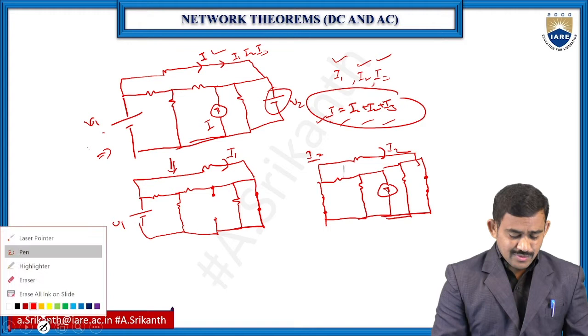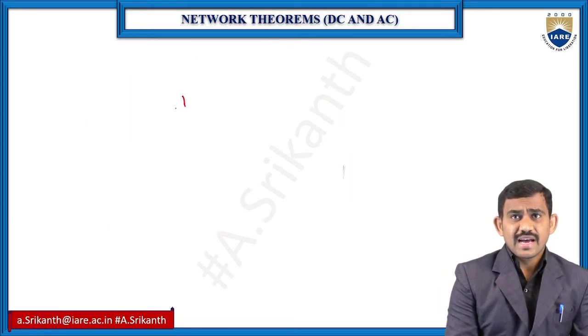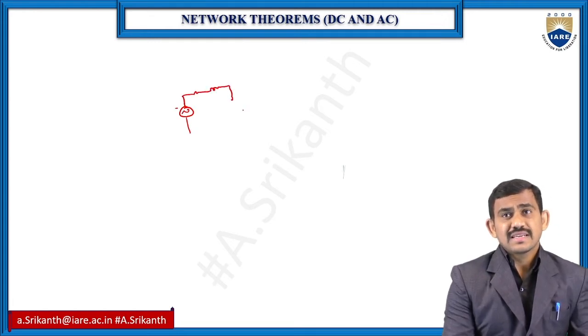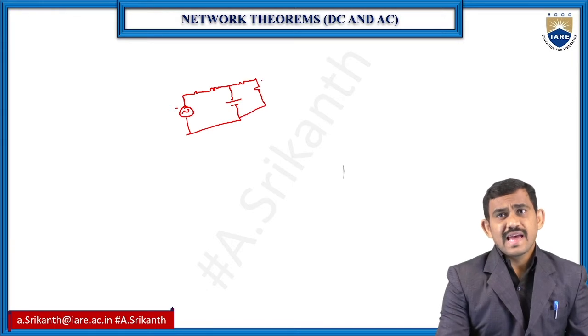Coming to the AC circuit for the superposition theorem, it is the same, but there we have AC. AC means we have a voltage source, resistor, inductor as well as capacitor. So we have three passive elements, and we require one more source also.